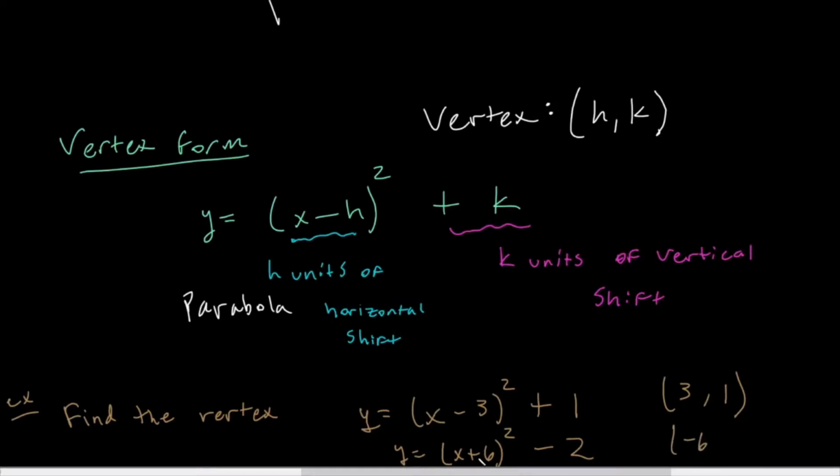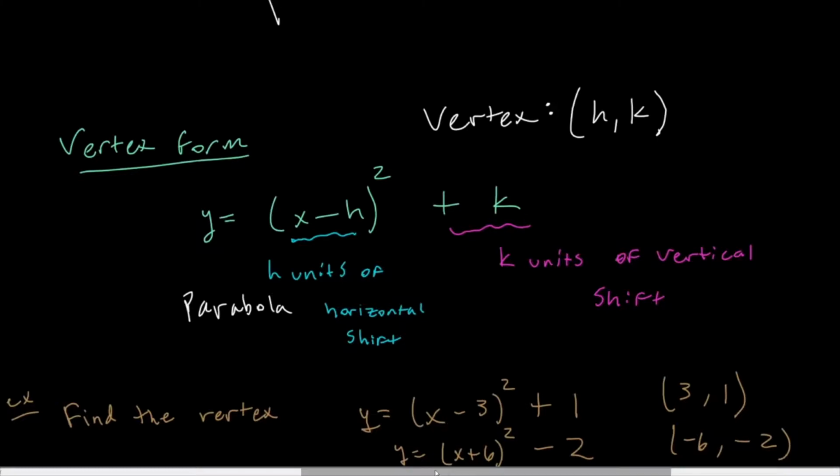Whatever I see here, I'm always flipping the sign. Notice how negative 3 became positive 3, and positive 6 became negative 6. And this is minus 2. This sign I always keep. Negative 2 became negative 2 and positive 1 became positive 1. So we take this, flip it, and keep that.